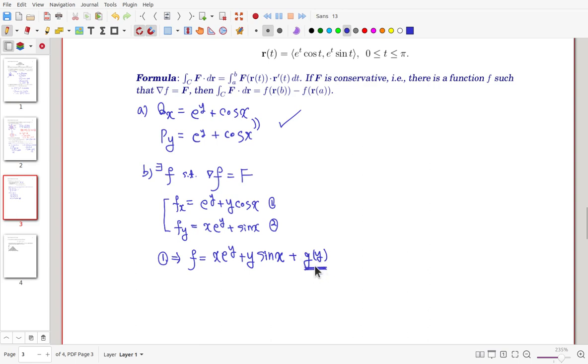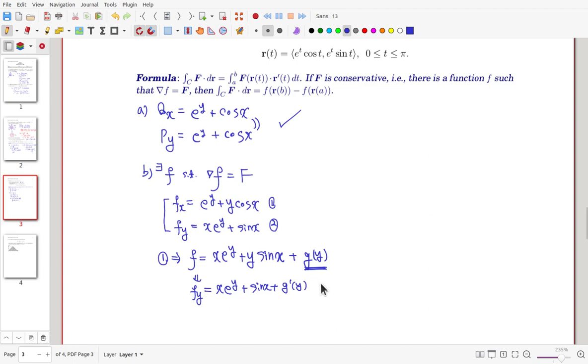To get g of y, let's take the y derivative of this one: x e to the y, plus sine x, plus g prime of y.